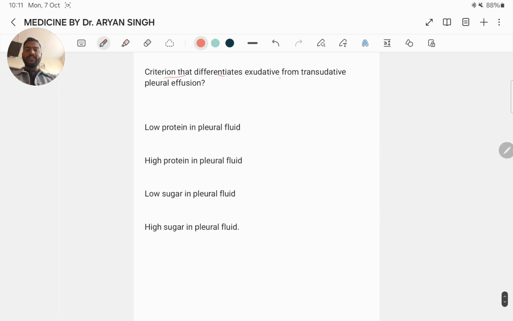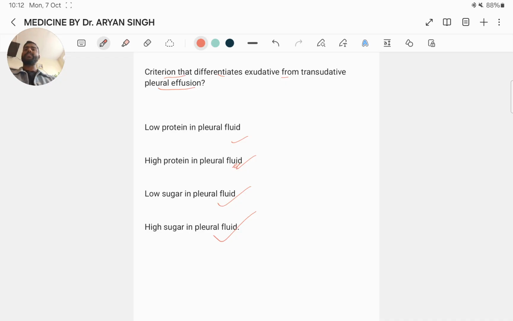Which criterion differentiates exudate and transudate pleural effusion? Low protein in pleural fluid, high protein in pleural fluid, low sugar in pleural fluid, or high sugar in pleural fluid. Here the answer is high protein in pleural fluid, because transudative pleural effusion occurs due to the imbalance between hydrostatic and oncotic pressure that causes an increase in pleural fluid in the interstitial space.